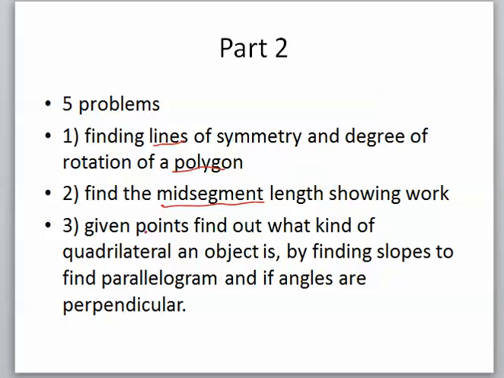And one of them is going to be, given some points, find out what kind of a quadrilateral the object is. Do this by finding the slopes. If you don't find the slopes, you will not know if the sides are parallel to each other or perpendicular to each other. If you find the slopes, 2 parallel lines have equal slopes. Perpendicular lines have slopes that multiply to give you -1.